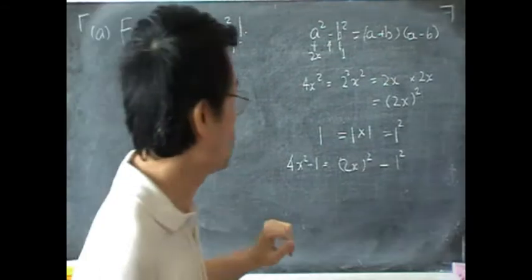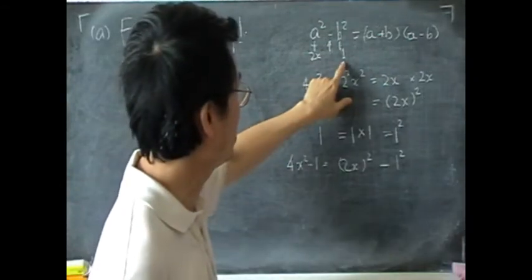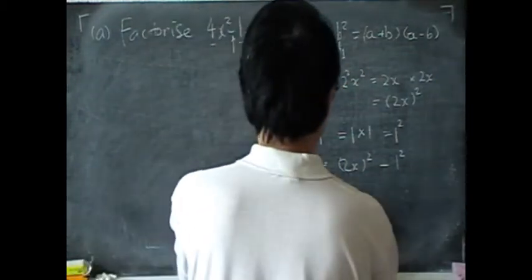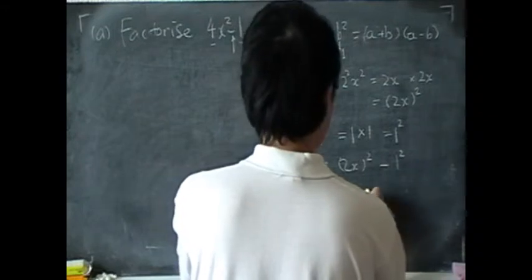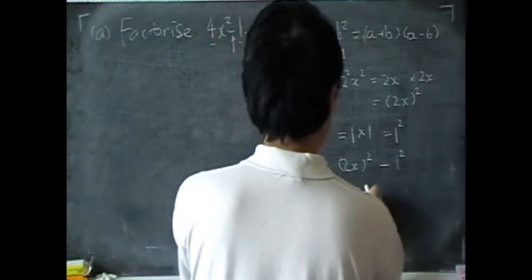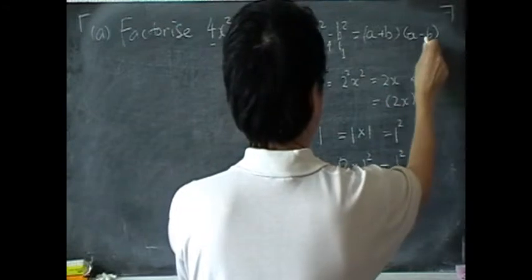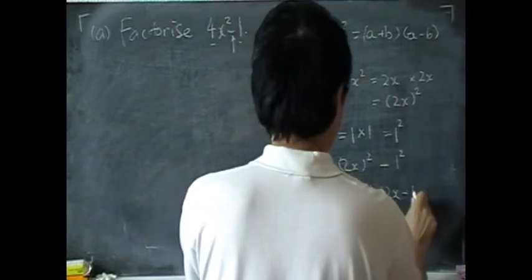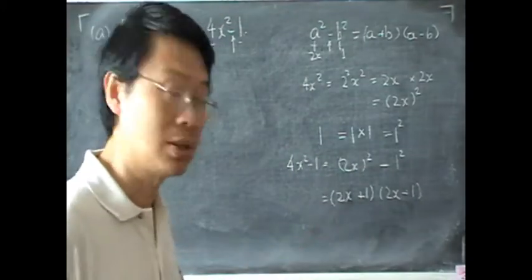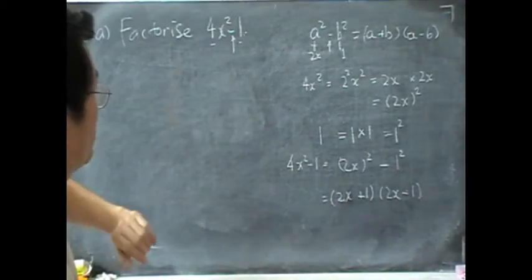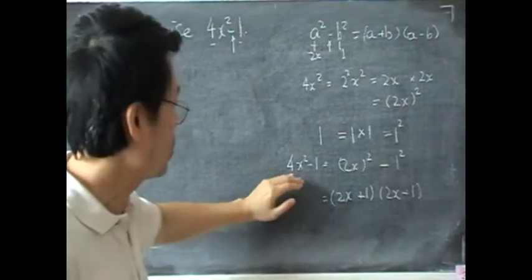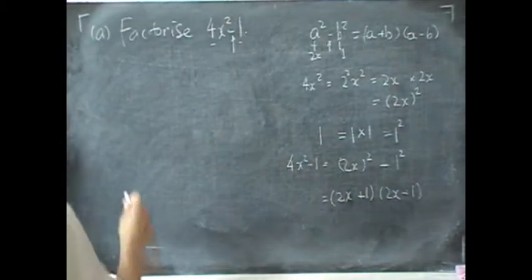And then the rest is straightforward. All I need then is to substitute the a and the b, the 2x and the 1, into the right hand side. And I have 2x plus 1 for that, and then 2x minus 1. So that then is the answer, is the factorization. Right, when you reach here, you have factorized 4x squared minus 1.